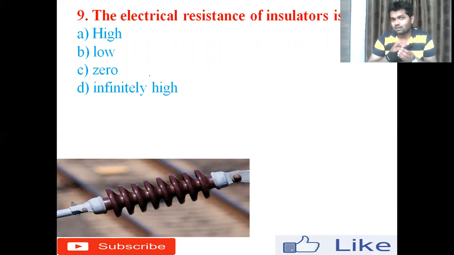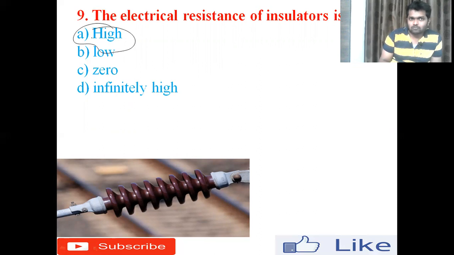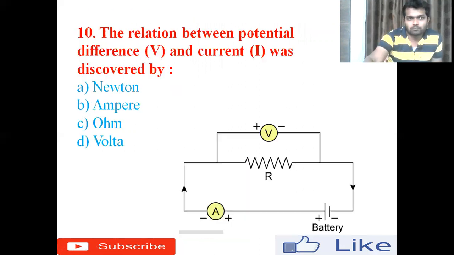Rubber, plastic, and glass are the best examples of insulators. In general, I can say that an insulator opposes the flow of charges. So in an insulator, the resistance will be high. So the right answer for this question is option A.